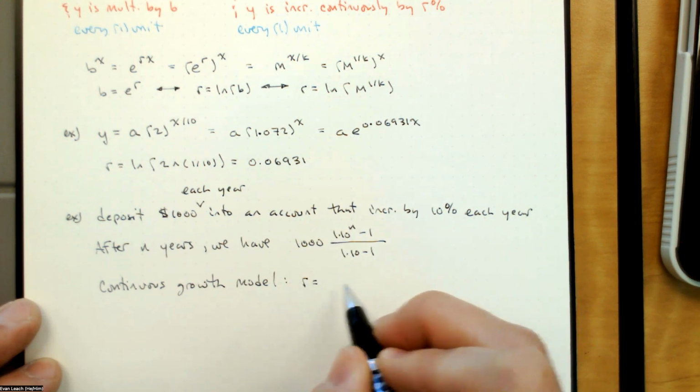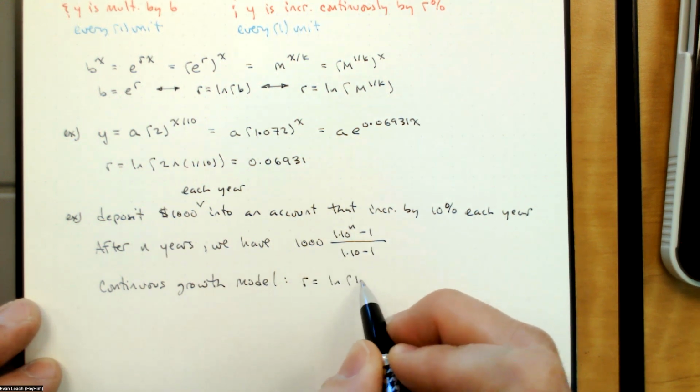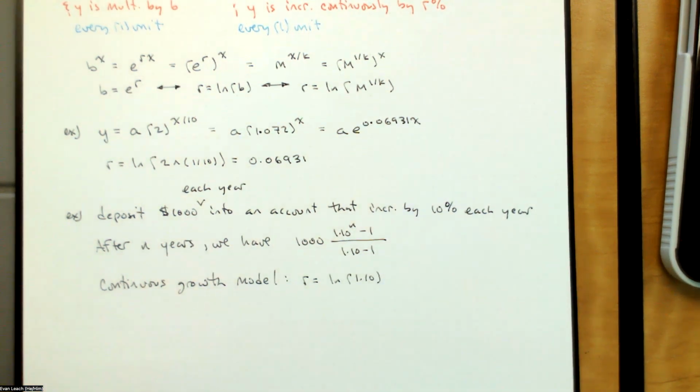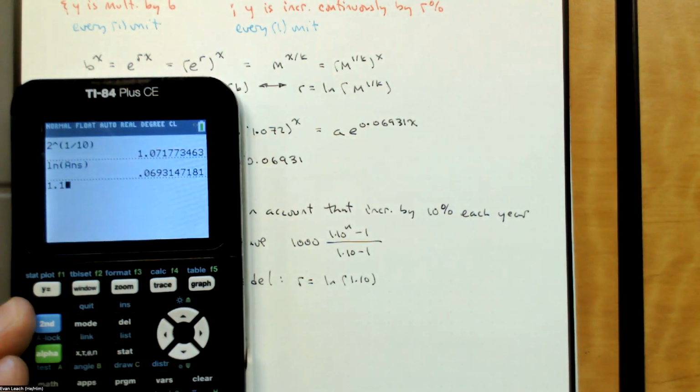Our continuous growth rate will be the natural log of 1.10. 1.1 is our unit multiplier, because we're increasing by 10%, so multiply by 1.1. And if we take the natural log of that, that will give us our continuous growth model.